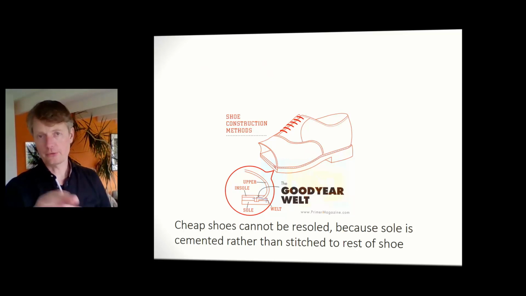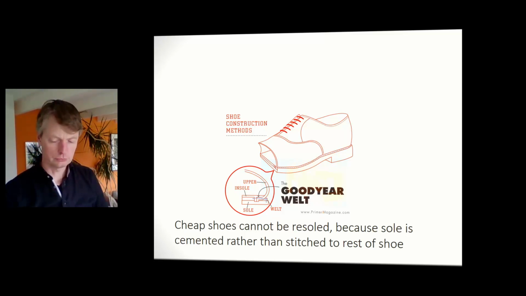And one of the things that changed in the design of shoes is that you basically cannot resole them anymore. So when the sole is gone, you basically throw out the shoe, right? So the shoes are worn for a much shorter period now, most shoes actually, than they used to.